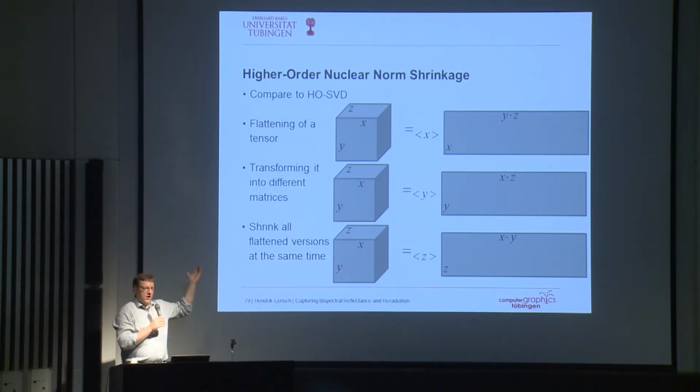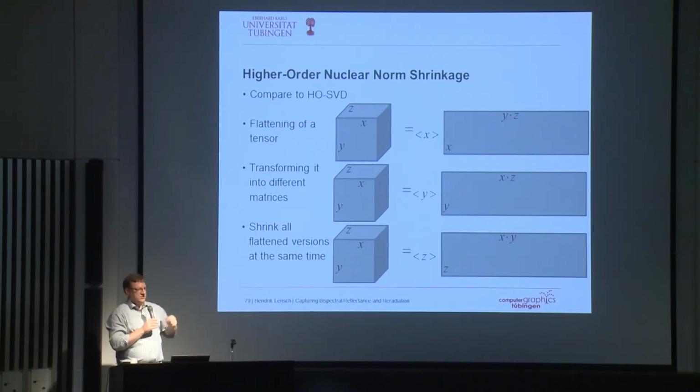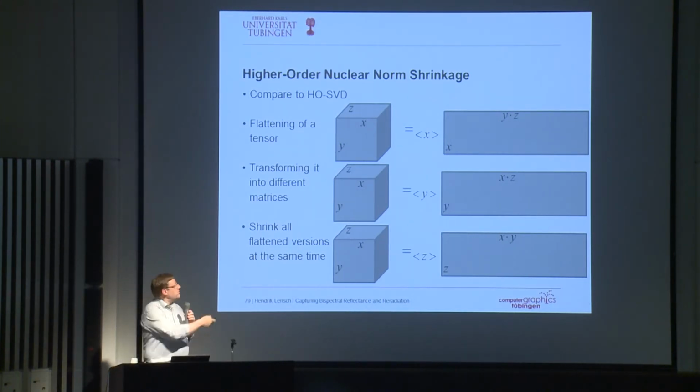And all we have to do is now switch from a simple singular value decomposition to a higher order singular value decomposition. And all that it does is, if you have a third order tensor, you transform this tensor into a 2D matrix for each of your 3 dimensions, okay? And then you do singular value decomposition and shrinkage of your singular values for this flattening, for that flattening, for that flattening. You get reduced rank matrices in these 3 dimensions. You average them, compose it back to a tensor, and you're done.